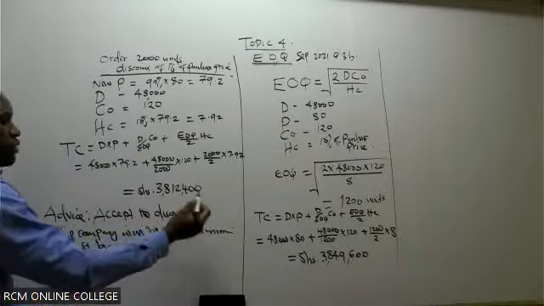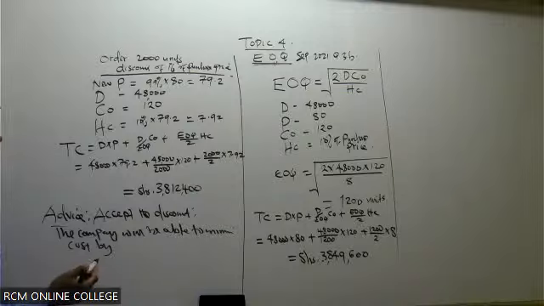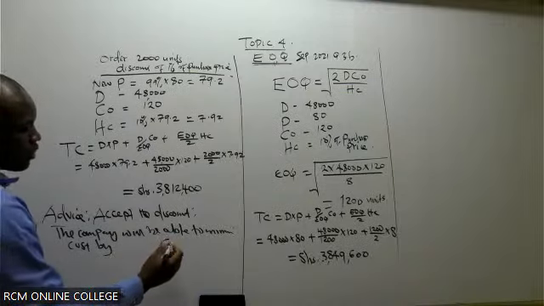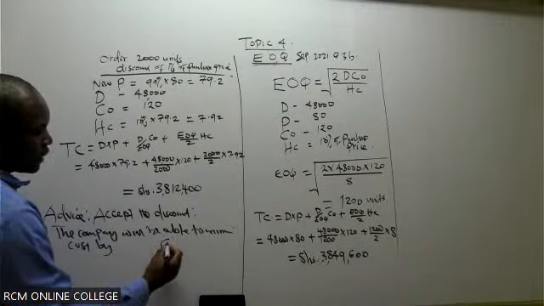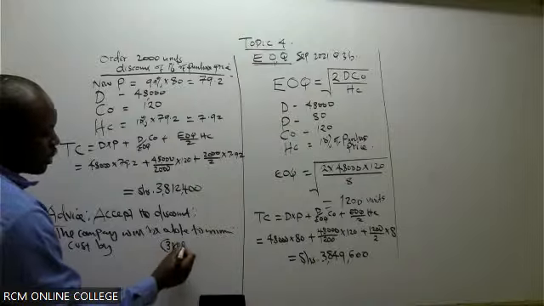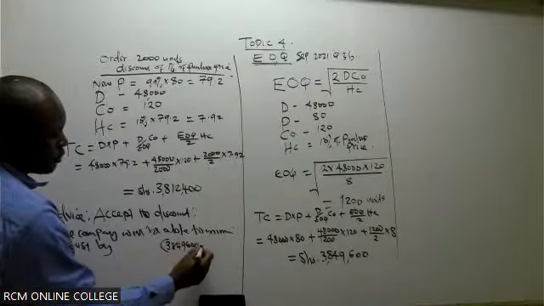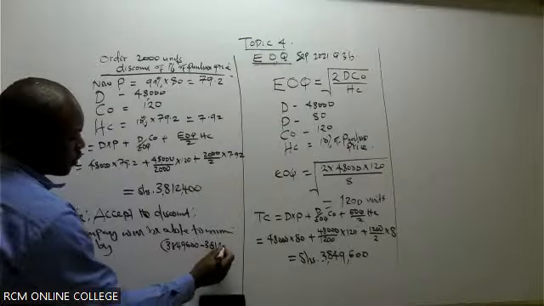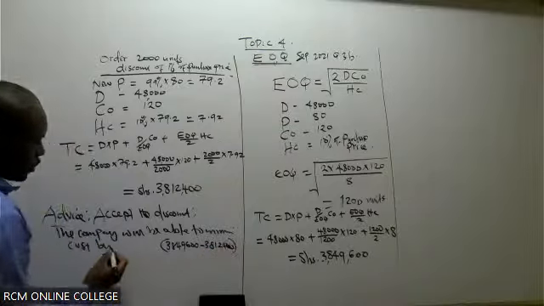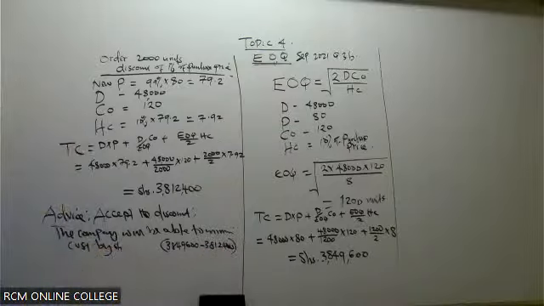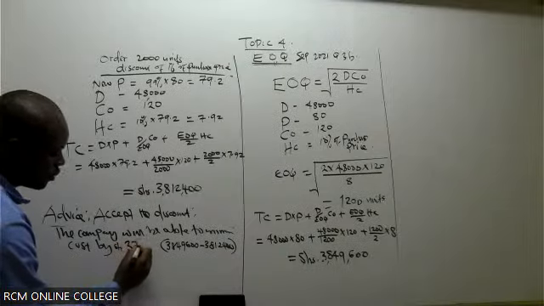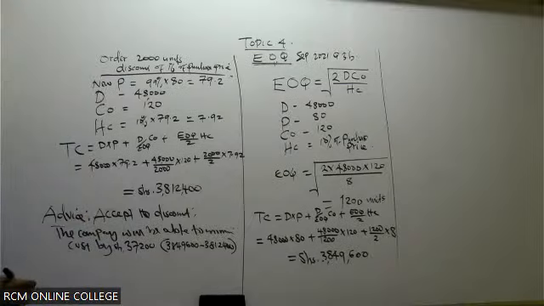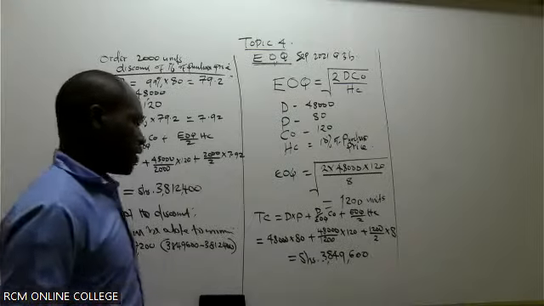So get the difference between these two costs. We'll be able to minimize the cost by, in bracket, 3,849,600 minus 3,812,400. What is the difference that we are going to get here? 37,200. So the company will be able to minimize the cost by 37,200.